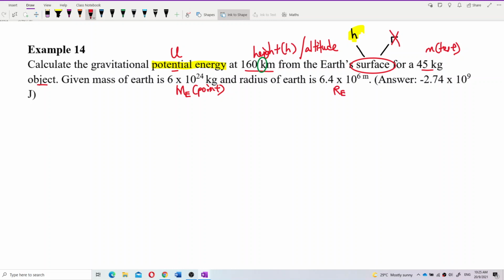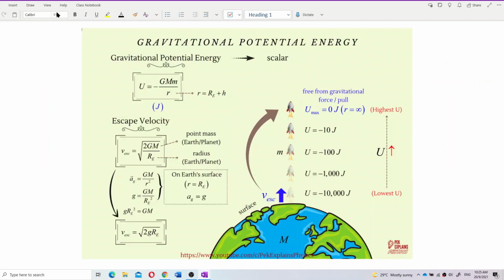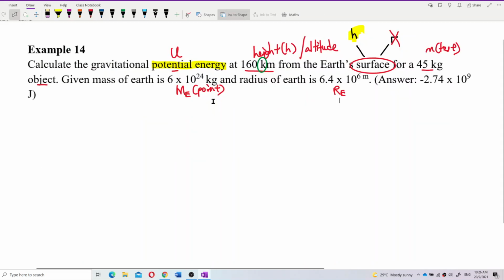So let's find out the formula. Potential energy is negative GMm over r. The r is not just the altitude, you must add the radius of Earth. Remember that. So let's do this question.